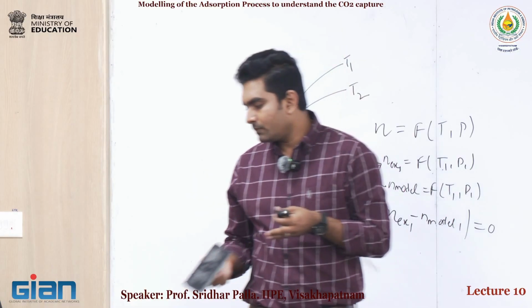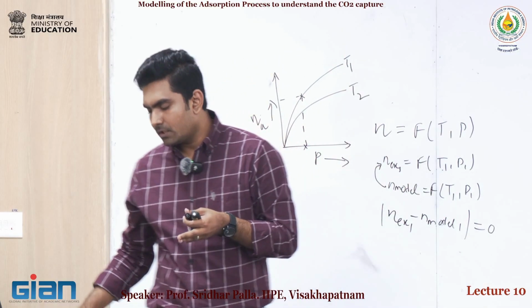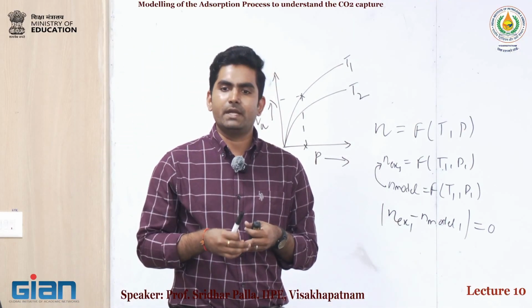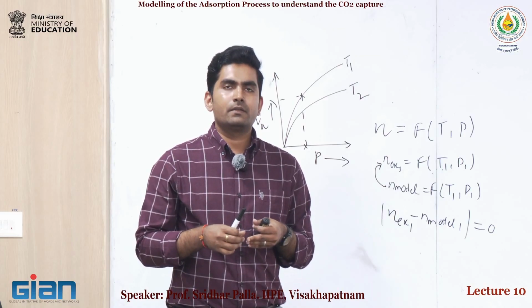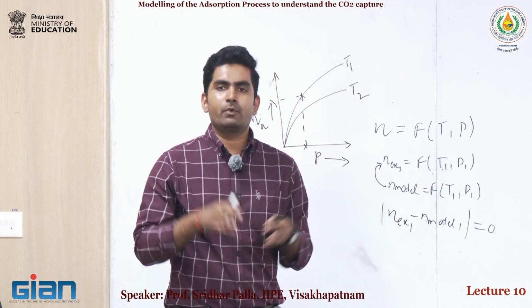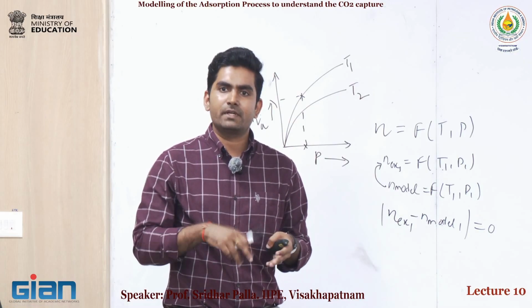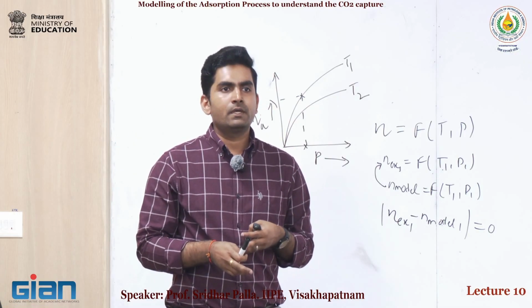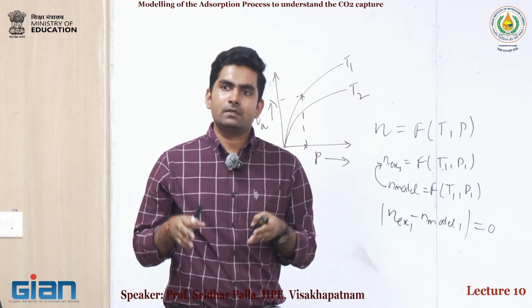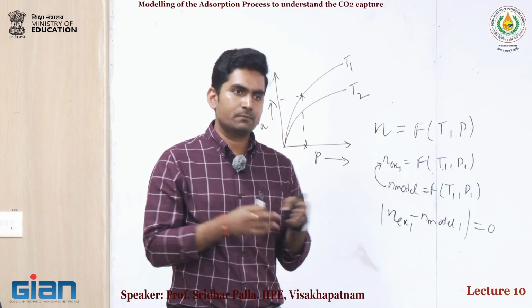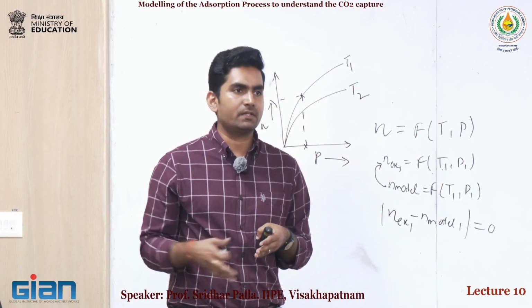If we are happy with that purity, we will end the process there. But if that is not meeting the demand that we are expecting, then we will modify the dimensions or change the adsorbent and run that experiment again, and we continue this till we reach our demand. This is how the experiments work over multiple iterations.